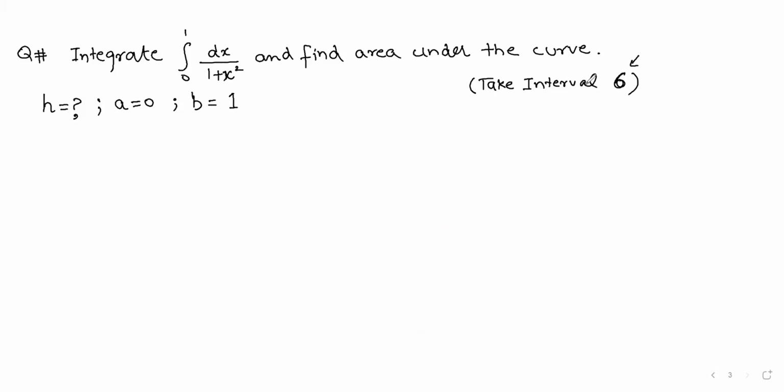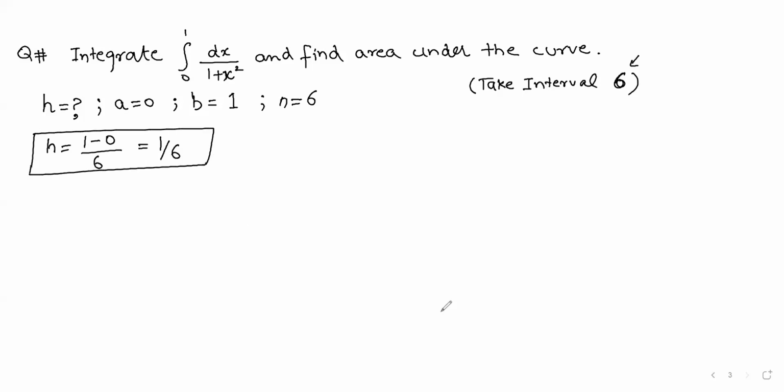Okay, so let's take the interval as 6. So n is equal to 6, then what will be the value of h? h will be equal to b minus a divided by 6, 1 minus 0 over 6, which is equal to 1 by 6. h is given by 1 by 6 in here, right?